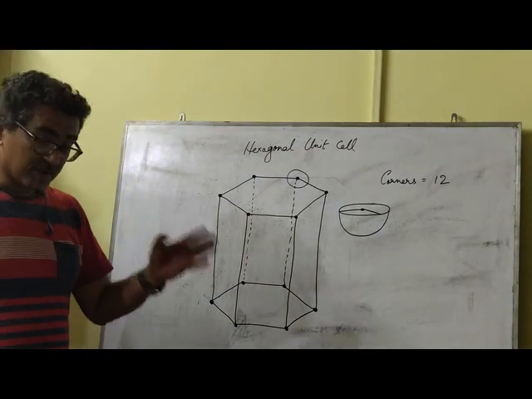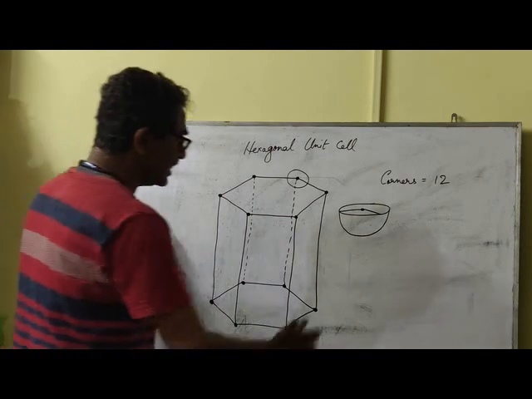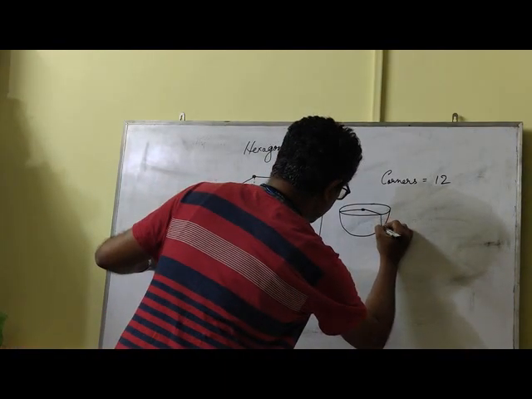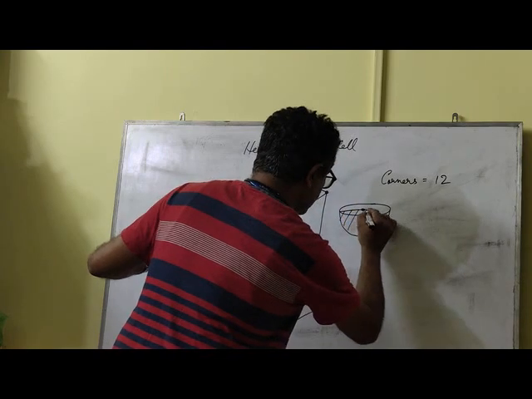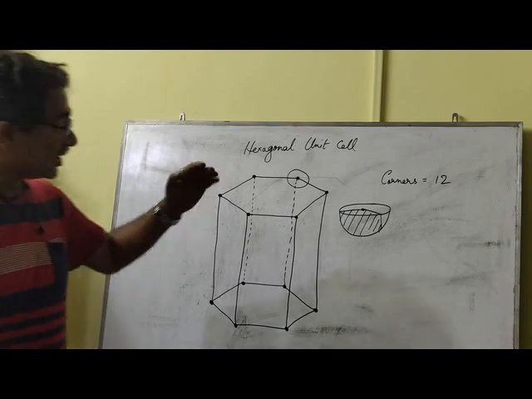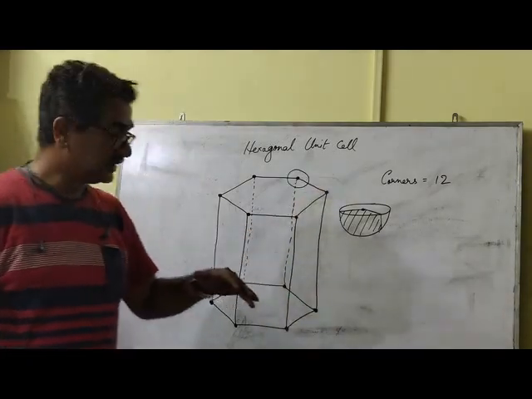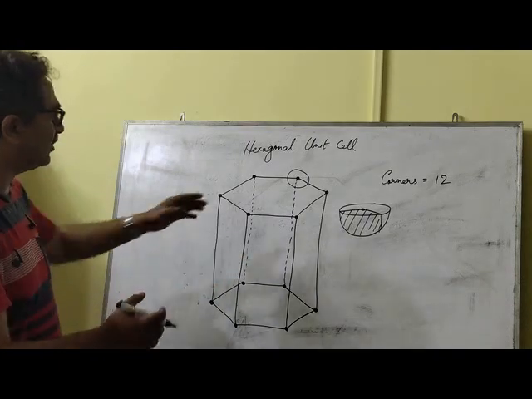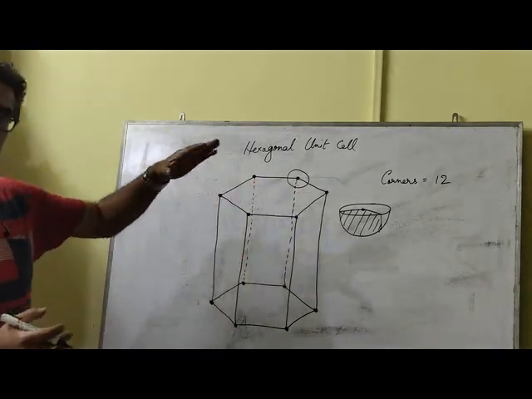So the question arises, this particular portion is inserted into the hexagonal unit cell. Now the question is, what part? If I want to express this quantitatively, what part? Now we know that each angle of a hexagon is 120 degrees.